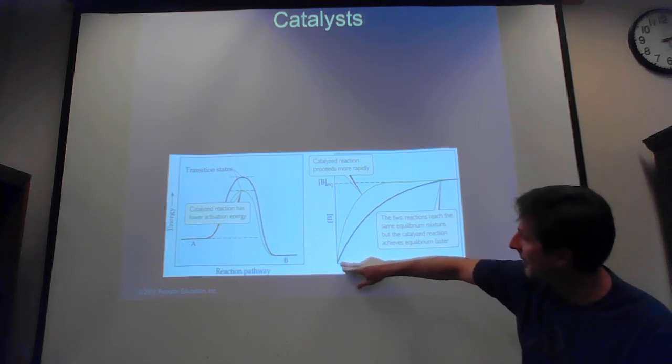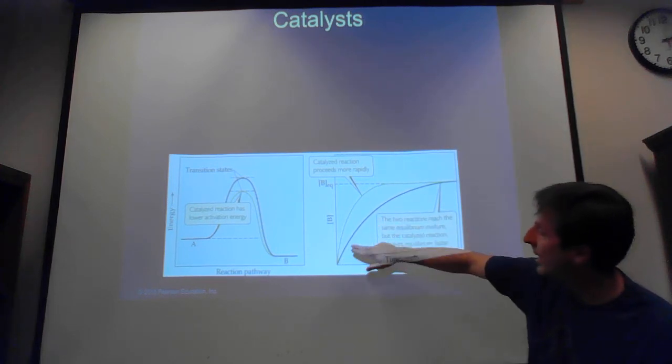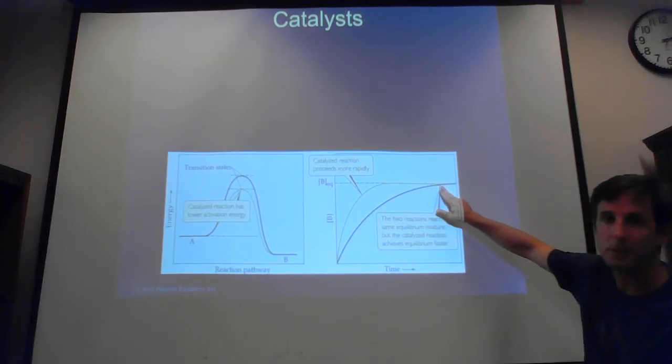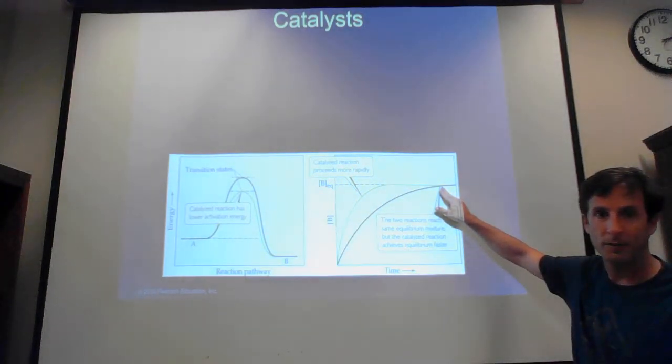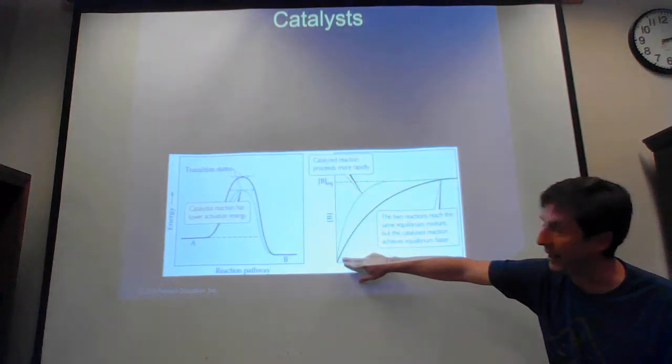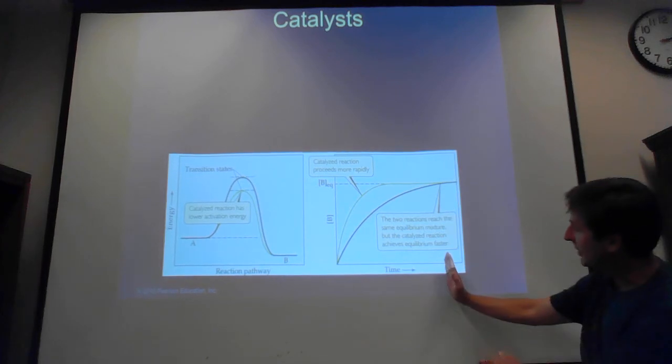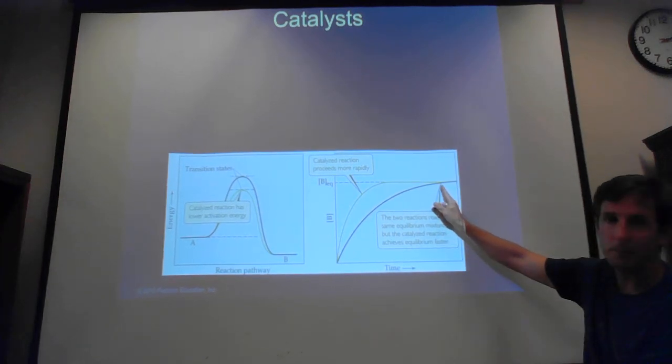The black line shows the rate that the reaction would get to equilibrium, which about right here is where it gets to equilibrium, naturally. Okay? And notice it's kind of a steady reaction. It eventually gets there, but it takes about this much time to get to equilibrium.